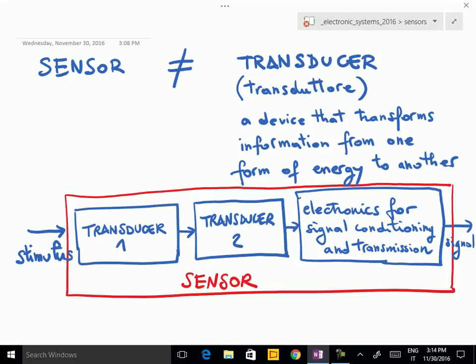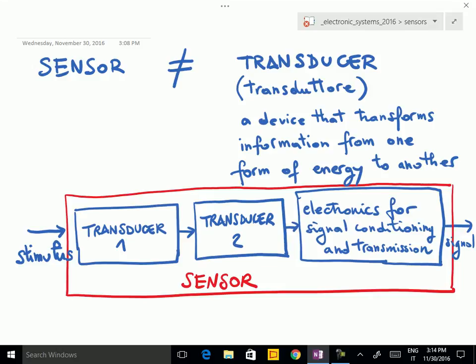For example, if the signal that we want at the output is a digital signal, then the electronics for signal conditioning typically must be connected with the second transducer, which transforms the information into an electrical signal.